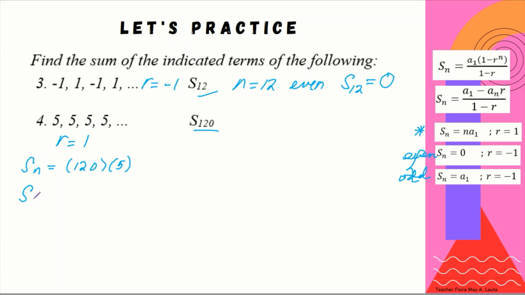So S sub 120 is equal to 120 times 5. And the answer is 600. Right? So the sum of 120 numbers in the sequence is 600.